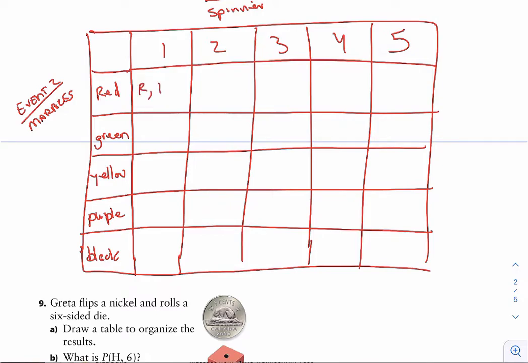So I can have a red and a 1. I can grab a green marble and spin a 1, a yellow marble and spin a 1, a purple marble and spin a 1, and a black marble and spin a 1.